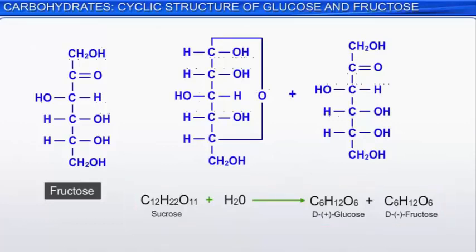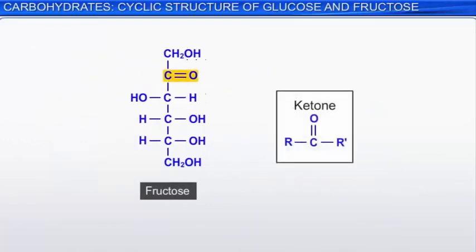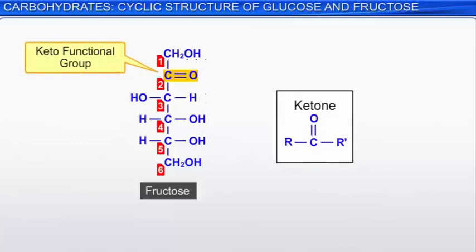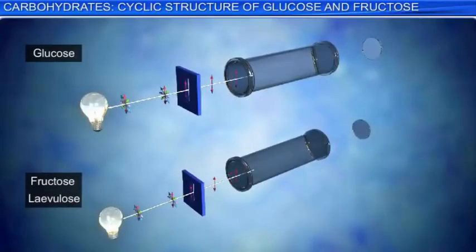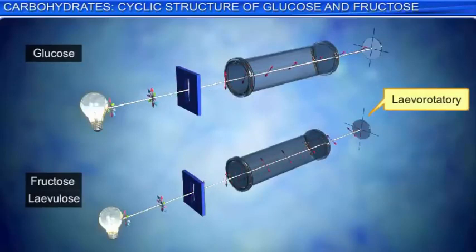Certain characteristic reactions of fructose show that it is a ketone and consists of 6 carbon atoms in a straight chain with the keto functional group at position 2 of the carbon chain. Unlike glucose, fructose is observed to be levorotatory, that is, it rotates plane polarized light towards the left.